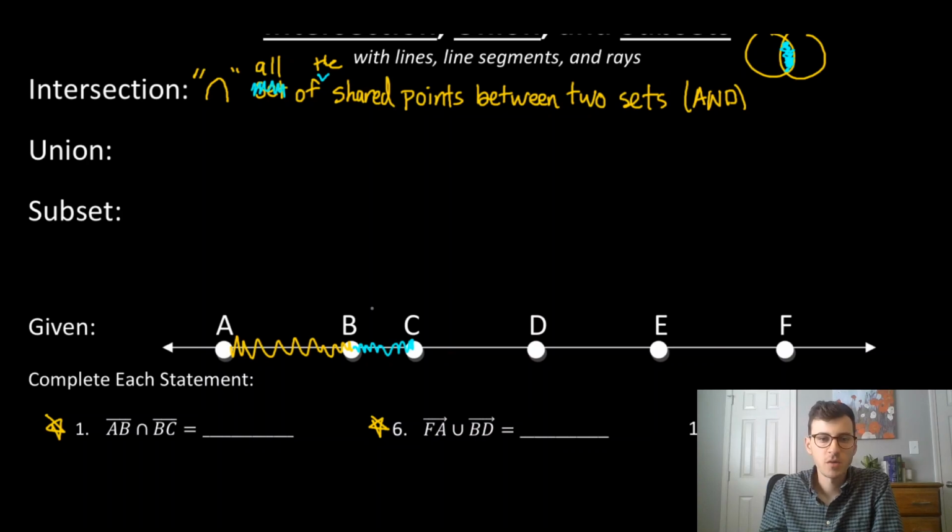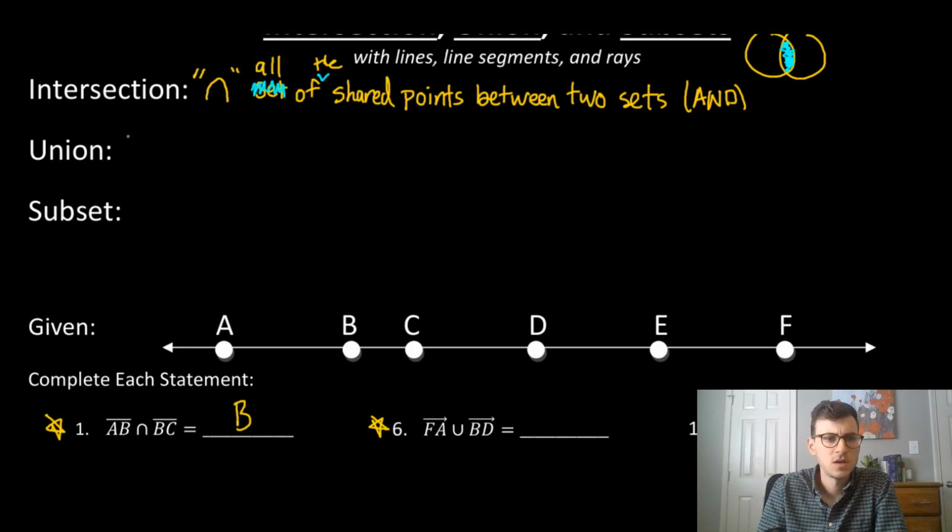Well, they both share B, right? They both have B. So since B is in AB and it's in BC, then B is the intersection between line segment AB and BC. Okay, so that's intersection. Let's look at union.